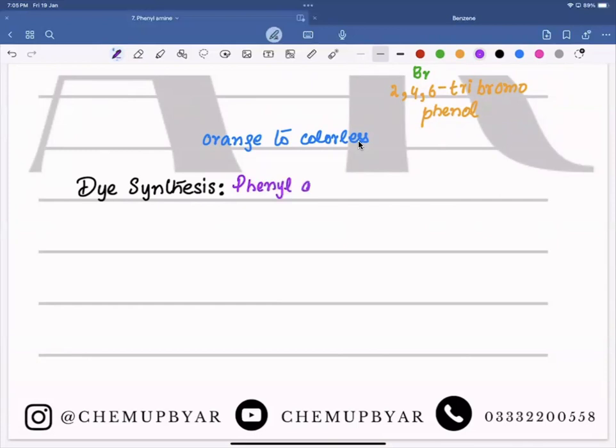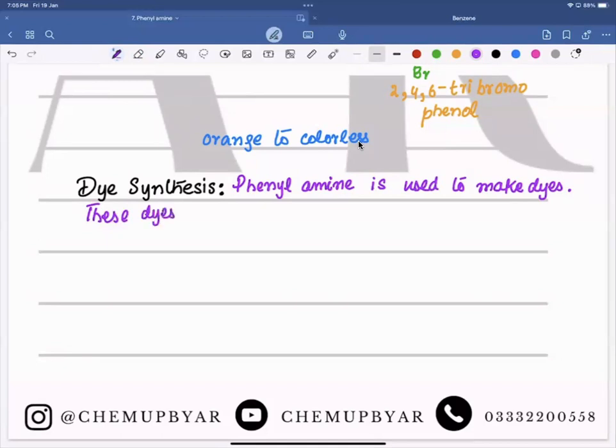So phenylamine is used to make dyes. These dyes are called azo dyes.